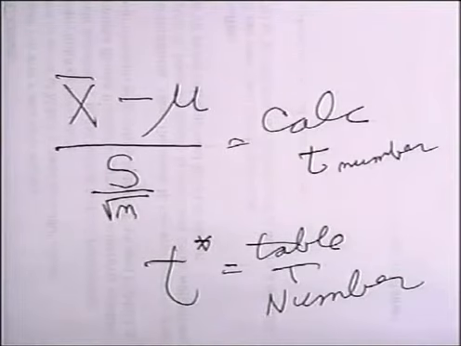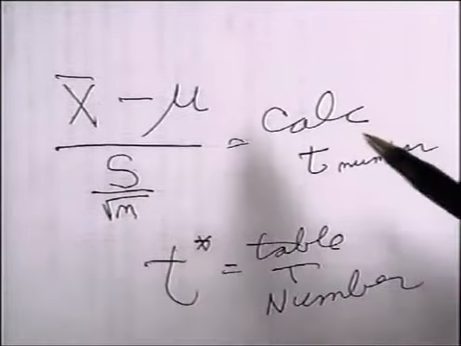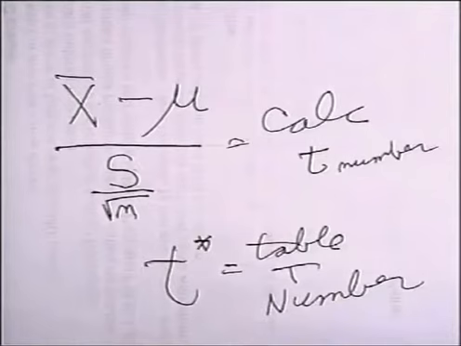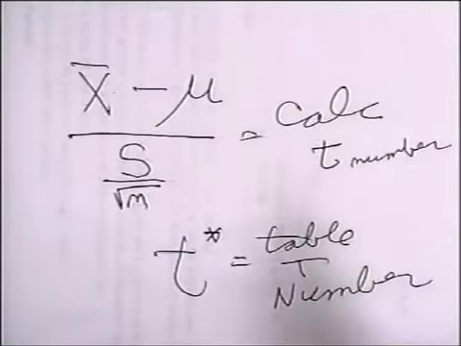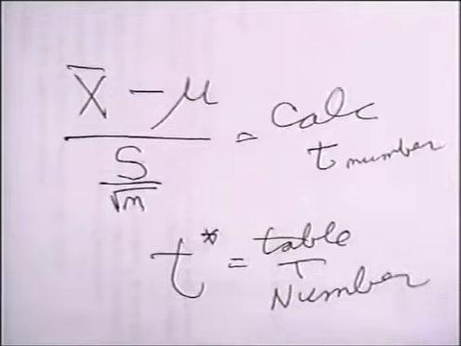That shows change or difference, whether it's a one-sided or two-sided test. If the calculated number is smaller than the table number, then no change. The null hypothesis holds in place, and I have to conclude no significant change. That's how I do the t-test, and that's how I use the table to be able to do the test.